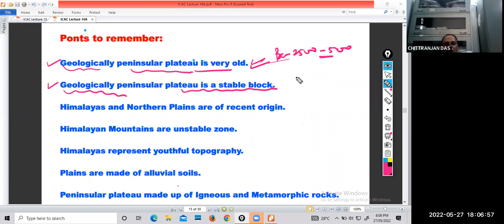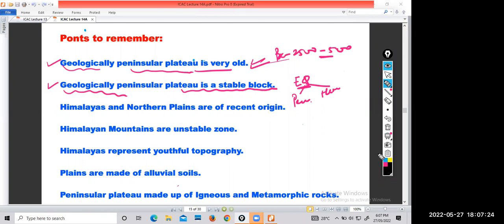Where are earthquakes more, in the peninsular plateau or in the Himalaya? Tell me. Everyone is sleeping or what?